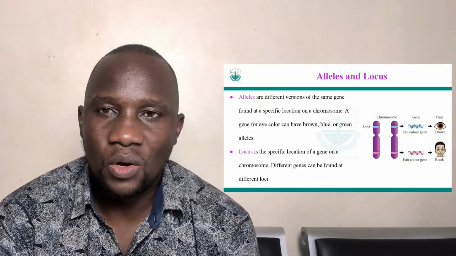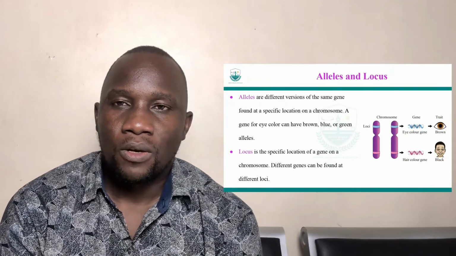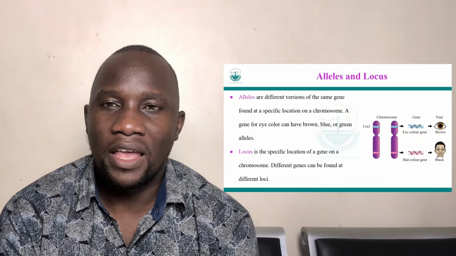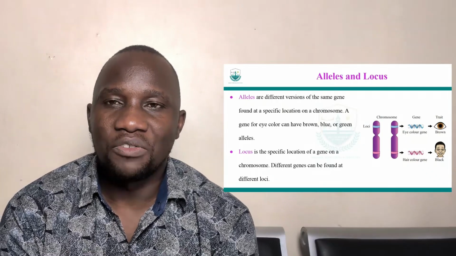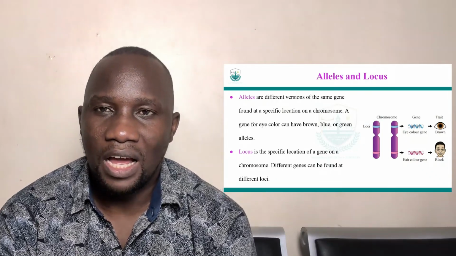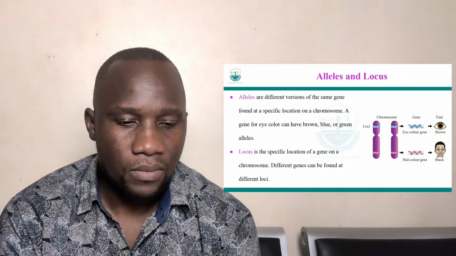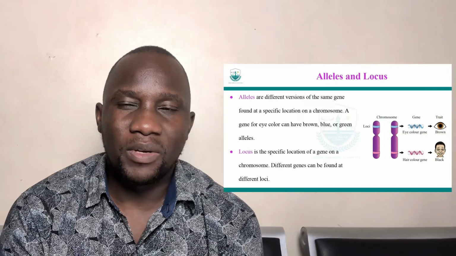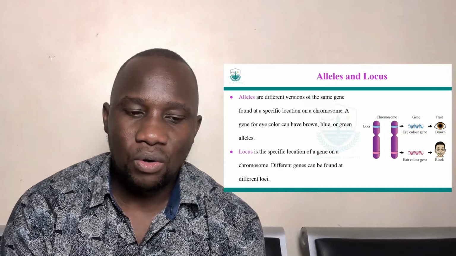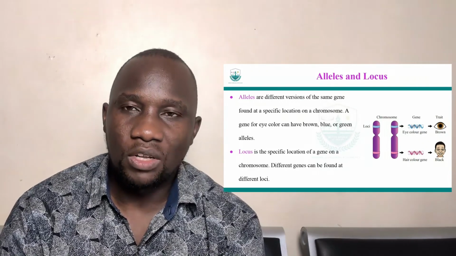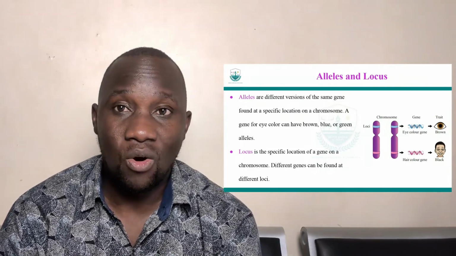So you have different loci. So on the location where you have the genes for eye color, you can have different versions for the different colors of the eyes. That's what we mean by alleles. Okay, the specific location of the gene on the chromosome is what we call locus. So different genes are found on different loci.